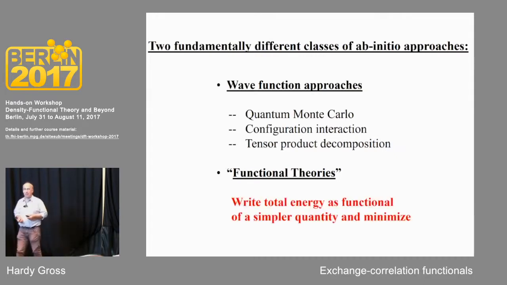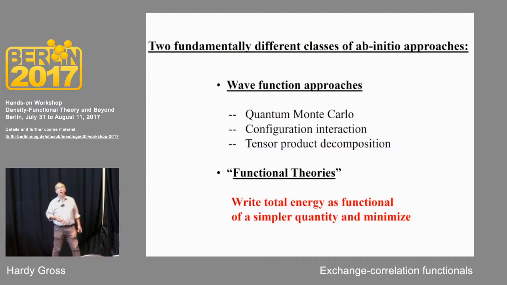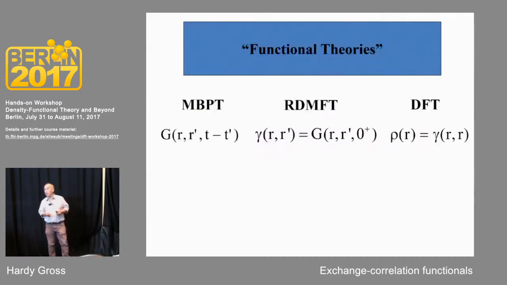And there the idea is that you write the total energy as a functional of a simpler quantity and then minimize. So this gives you then a variational equation ultimately for this simpler quantity. So what is this simpler quantity? Well, there's different choices. One choice is the Green's function, let's say the one-body Green's function.